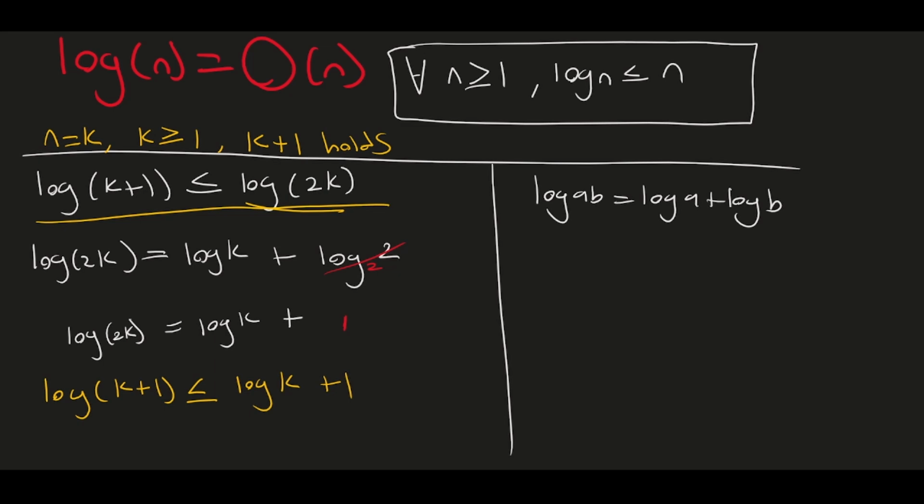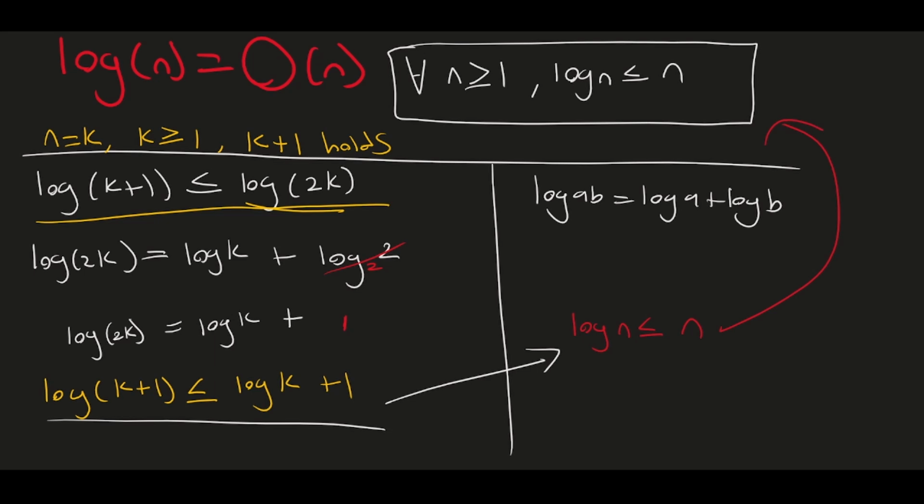Now, by our inductive reasoning, it seems that k plus 1 still holds. By our inductive hypothesis, we can then say for sure that log n is less than or equal to n.